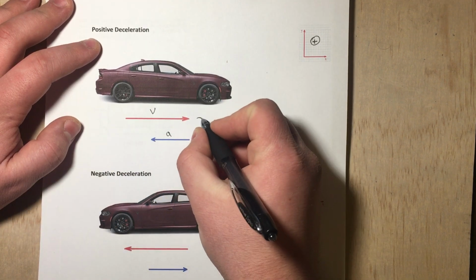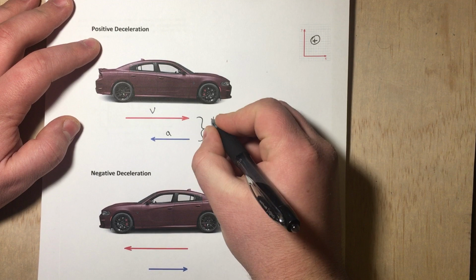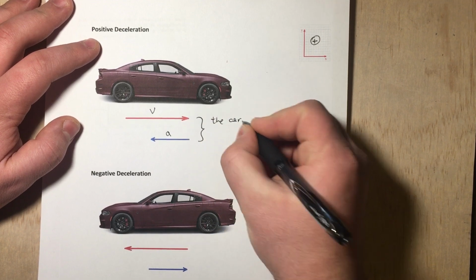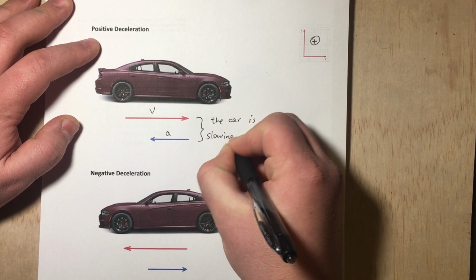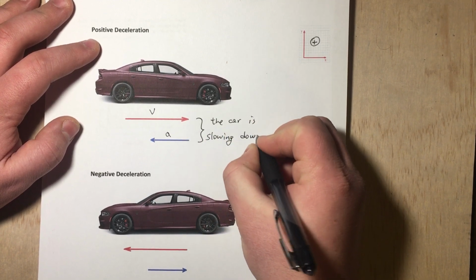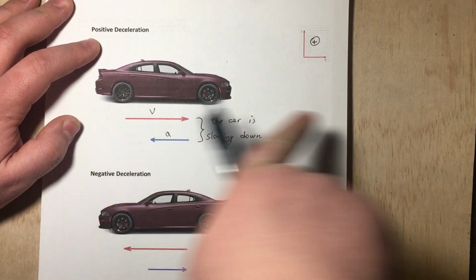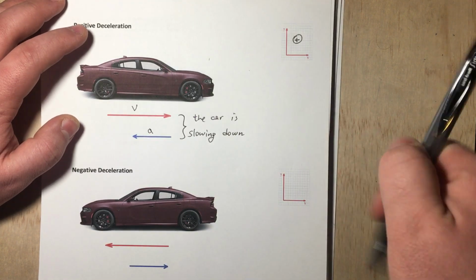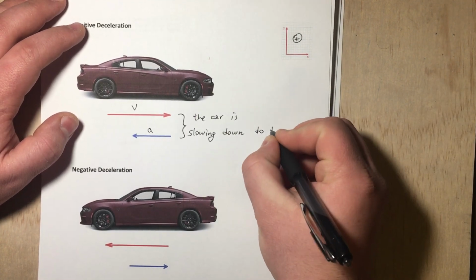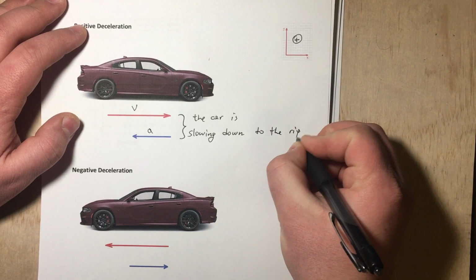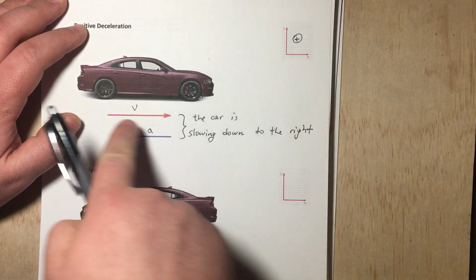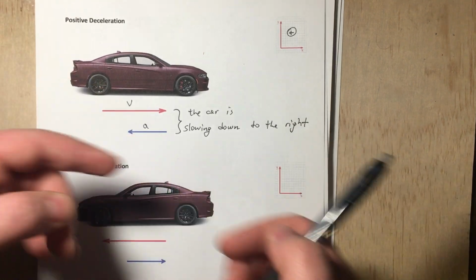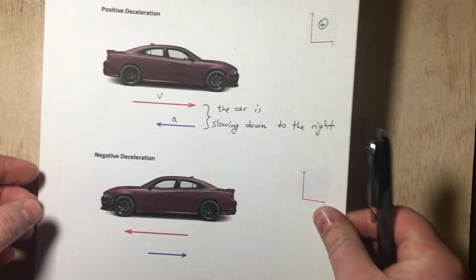So what this means is that the car is slowing down. But it's slowing down as it's going to the right. Okay, so the car is still moving to the right, but its velocity is decreasing as time passes by.